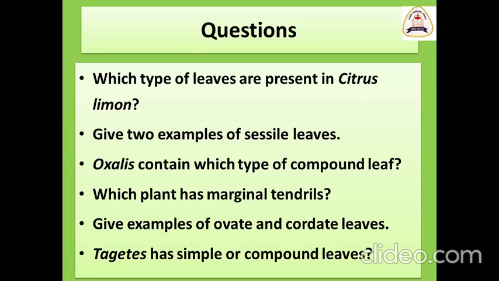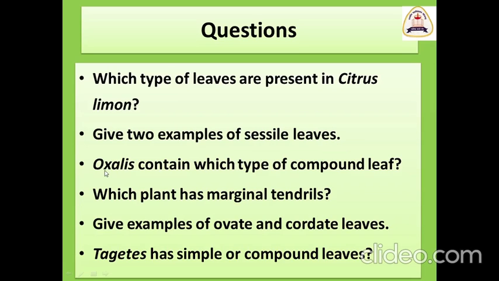So we have discussed the various shapes, structures, leaf tips, leaf lamina, leaf apex, and leaf margin. There are some questions. Which type of leaves are present in Citrus limon? You have to answer. Give two examples of sessile leaves.